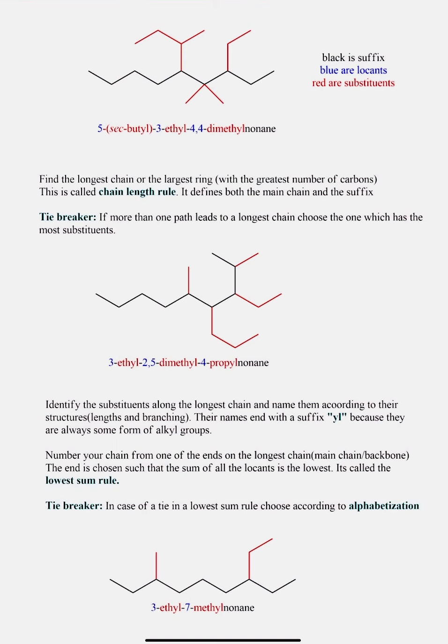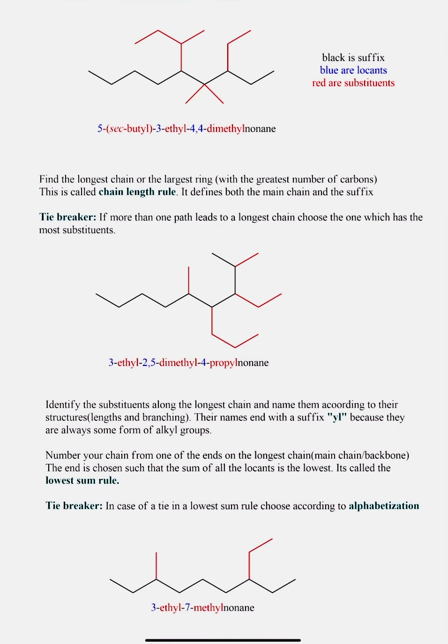Now in this given structure, if you want to decide on the longest chain, you have to find the chain that has the highest number of carbons. In this case, that would be this black chain because it has 1, 2, 3, 4, 5, 6, 7, 8, 9 carbons.